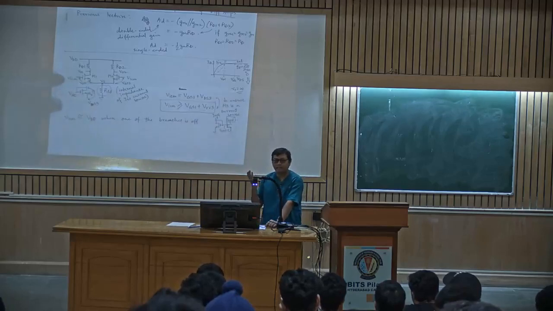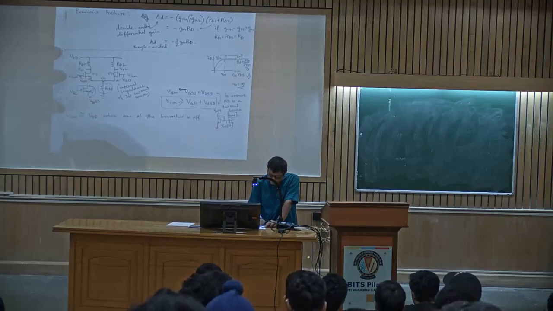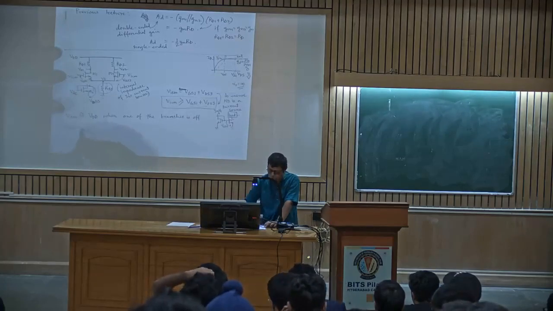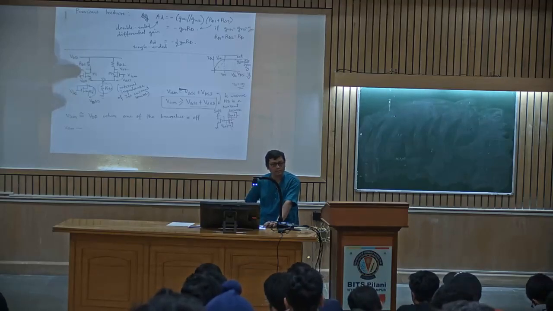Mathematically, if we want to see it, what will we do? A small analysis is there. VICM goes to the internal circuitry of this MOSFET. How did we write it? 1 by gm.